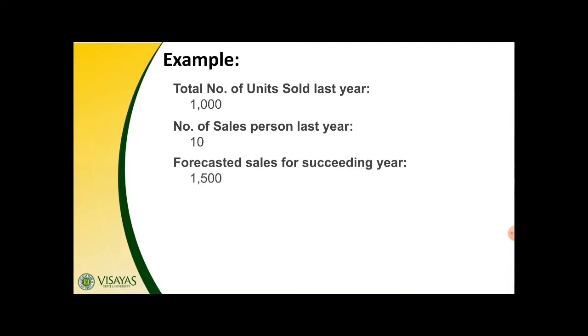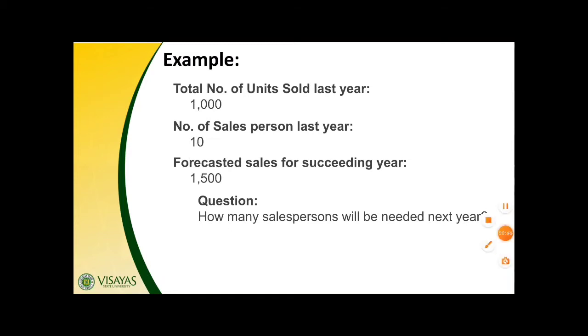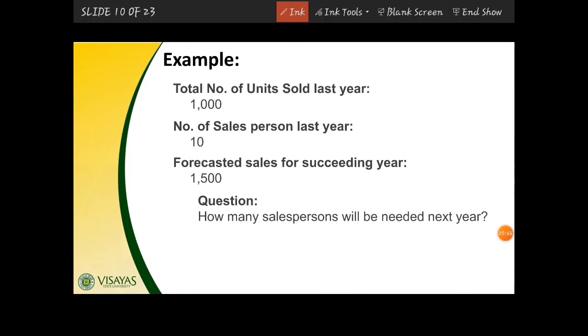Then this year you expect, or your forecast is, 1,500 sales coming. So the question is, how many salespersons will be needed this succeeding year, or how many salespersons will you hire? So how do we compute this?